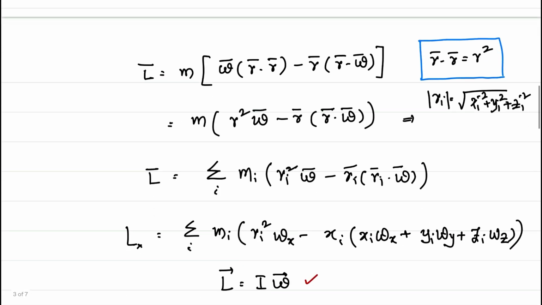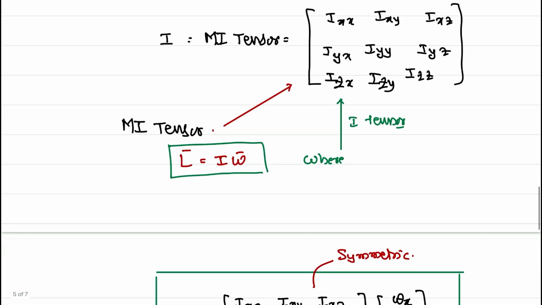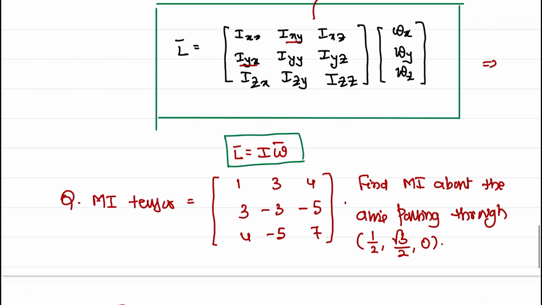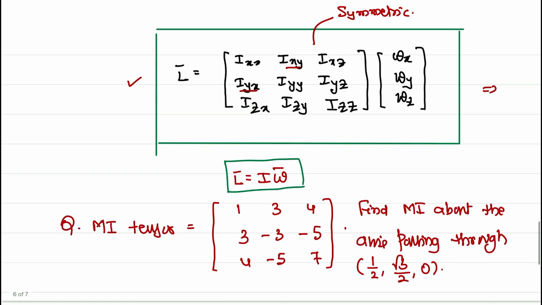You just see how we have derived everything. This is the most important formula. L is equal to the matrix Ixx, Ixy, Ixz, Iyx, Iyy, Iyz, Izx, Izy, Izz into omega x, omega y, omega z. This is the column vector. So that you will get Lx, Ly, Lz, a column vector.